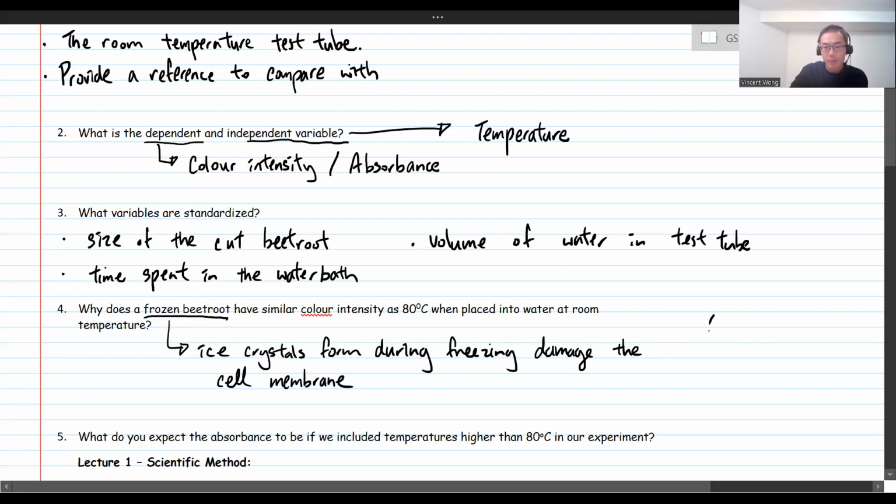So your cell membrane is basically full of holes. And when you thaw it and put it in a test tube, all the colors just leaked out. You don't even have to heat it up to make the cell membrane leaky. It's already leaky because the ice crystals are like poking holes in it.